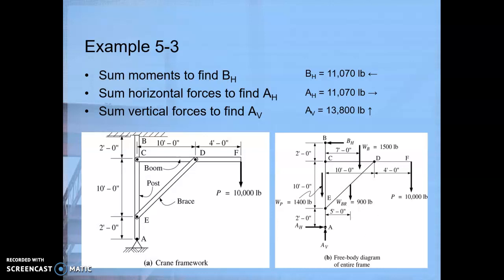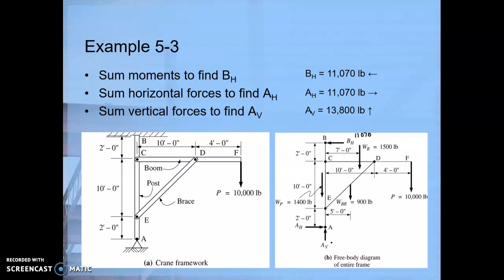So by summing the moments about point A, we were able to find the horizontal reaction at B, which was 11,070. Now, the textbook author likes to use H and V for horizontal and vertical. I tend to use X and Y, but same idea there, same concept.